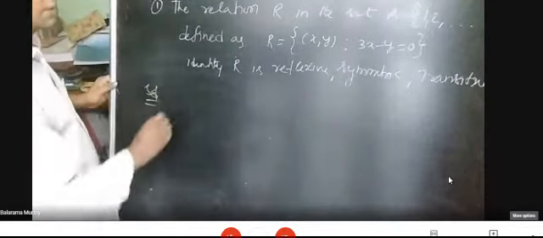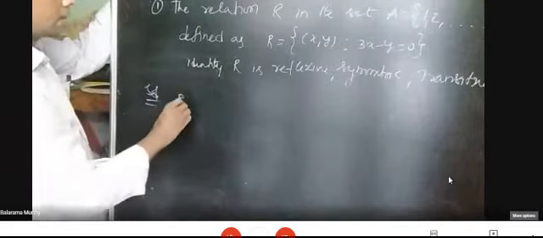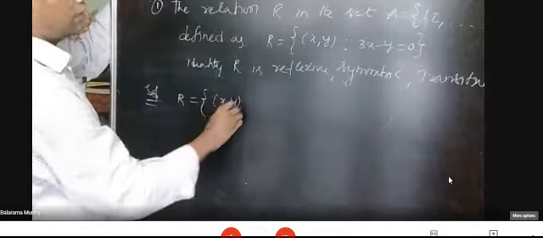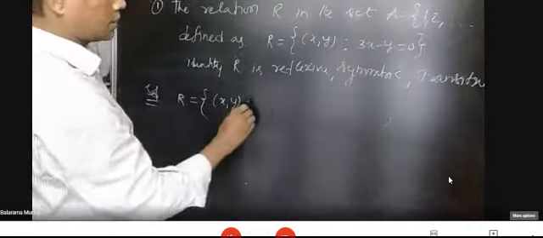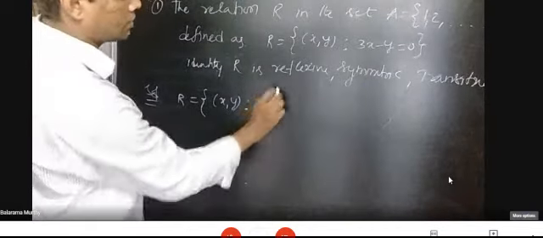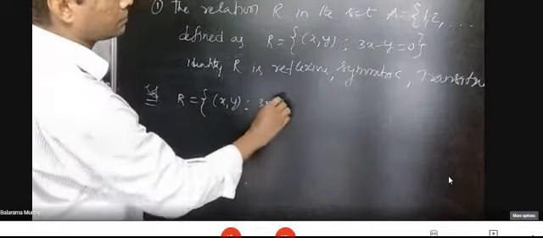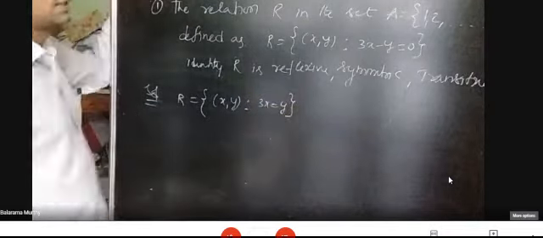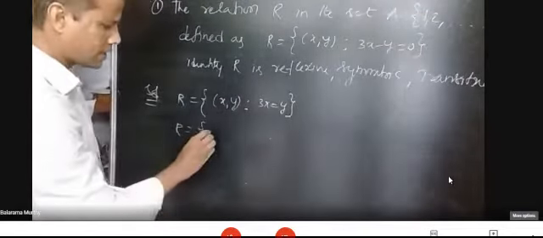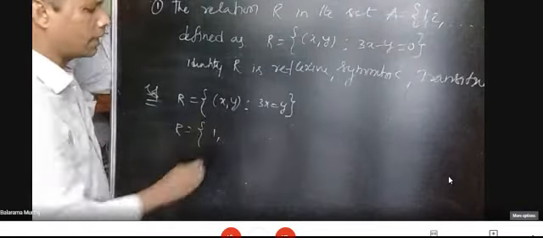First, apply the value. What is the relation R? Relation R is on x comma y such that y equivalent to 3x. So capital R starts from x equal to 1. When x equal to 1, y equal to 3.